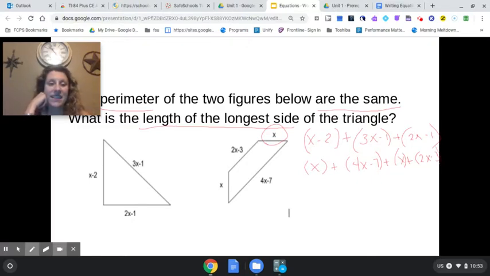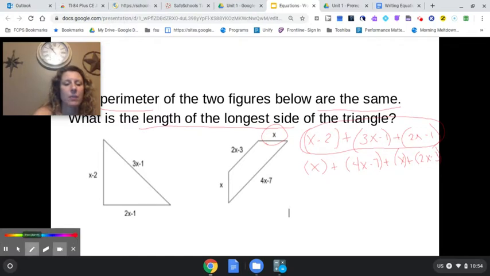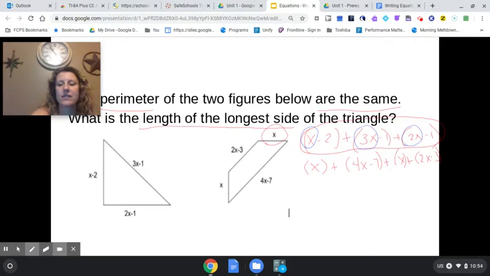Okay, let's go ahead and combine like terms of the triangle first. So if I identify those like terms, I'll put them in a different color here. We've got x, 3x, and 2x. So if I combine those like terms, 1x plus 3x plus 2x gives me 6x.